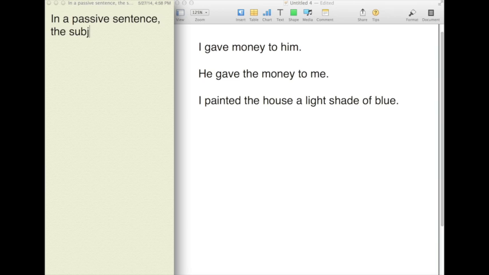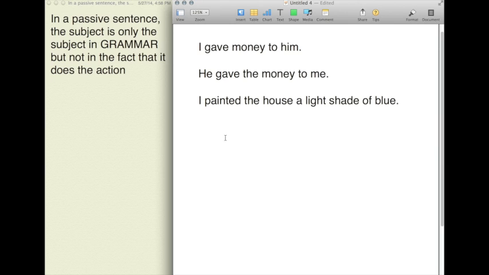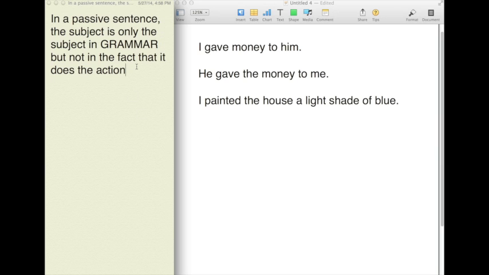The subject is only the subject in grammar, but not in the fact that it does the action. So it becomes the new subject of the sentence, but it is still the thing or person that receives the action.